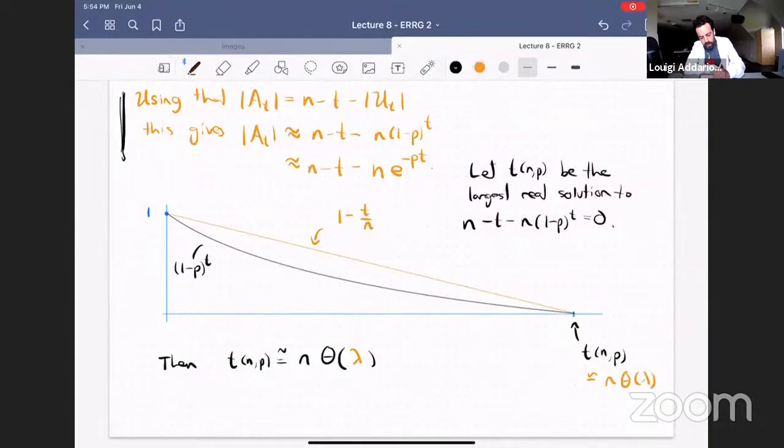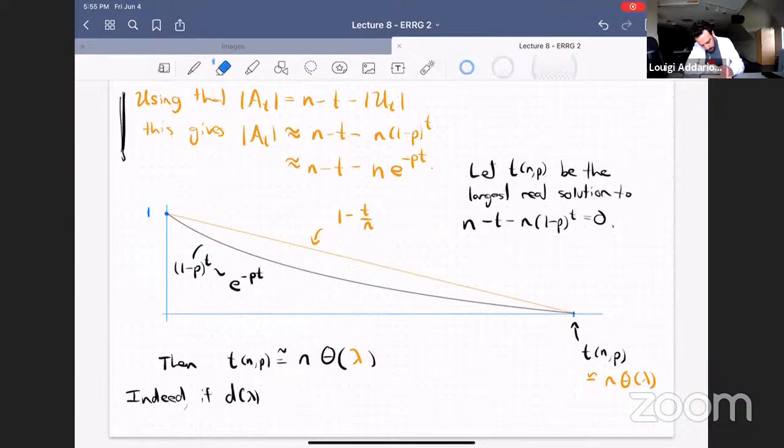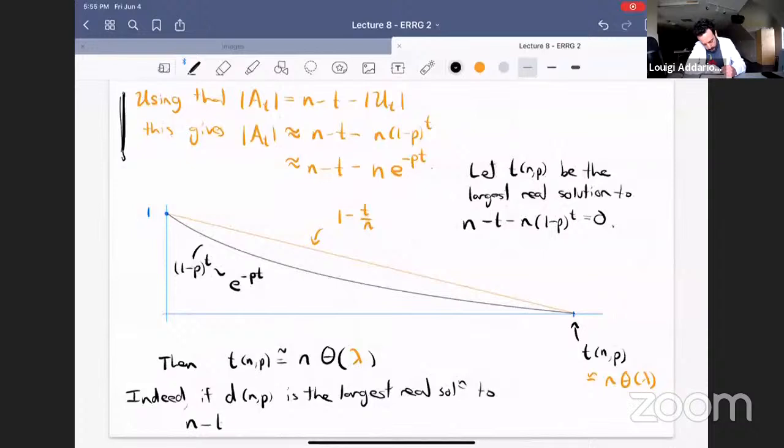And if I replace this curve by the curve e to the minus pt, which is roughly the same for p small, and I let d_np be the largest real solution to the equation n minus t minus n e^(-pt) equals 0, then this d_np is exactly n theta lambda.